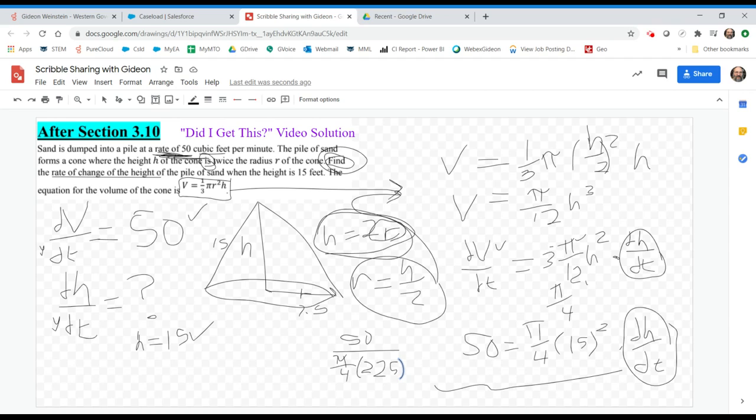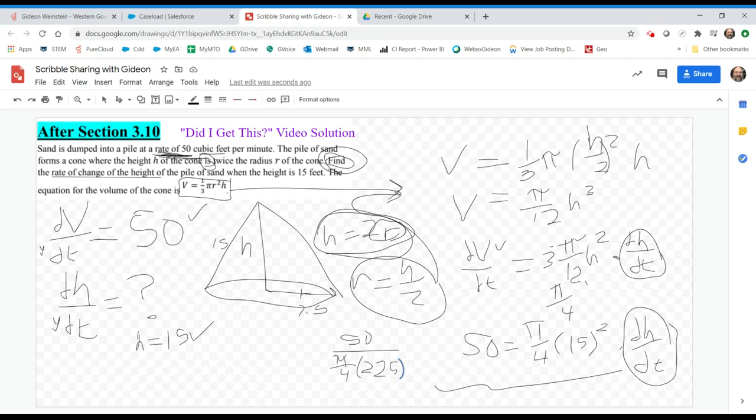So finish off the little bit of arithmetic. It's not even algebra, right? You already did the algebra up here, and now you're just plugging in the known values to get things done. Almost every related rates problem is going to have this feel. You're going to be given some kind of rate of change.